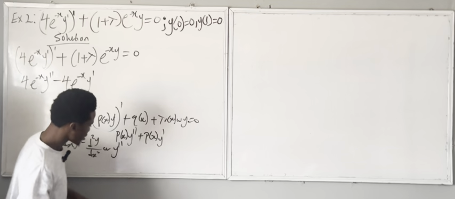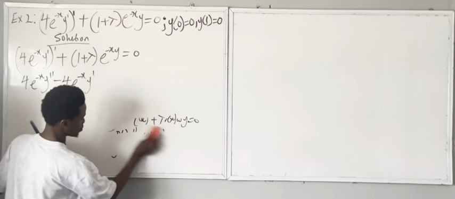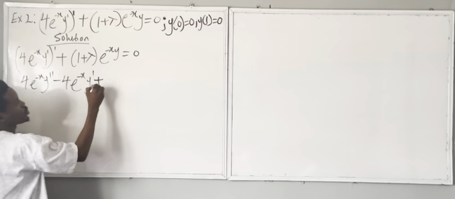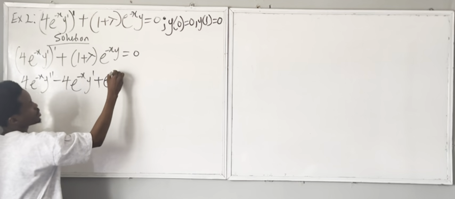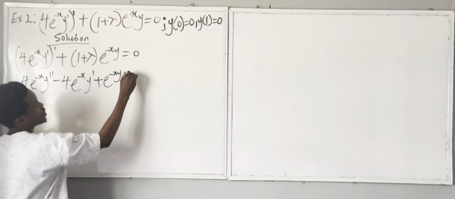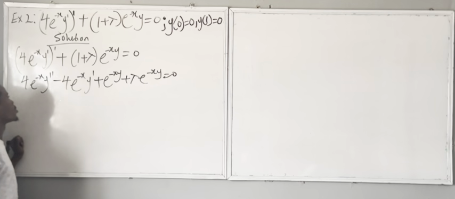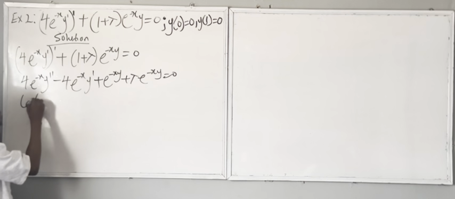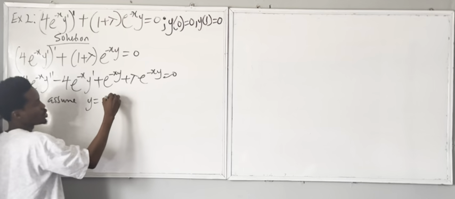So what am I going to do next? Let me open this bracket. If I open 1 times this, I'm going to have exponential minus x y plus lambda exponential minus x y is equal to 0. So I've considered this. So let's assume, as I explained in our previous lesson, that our y is exponential mx.